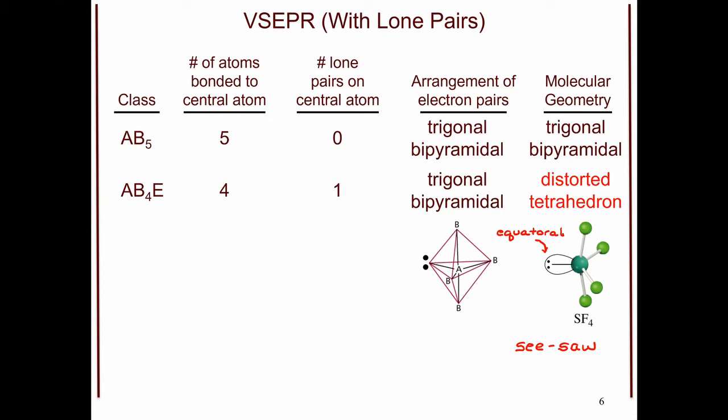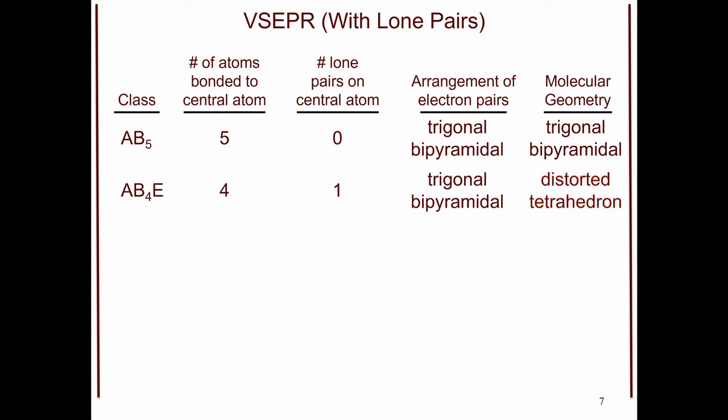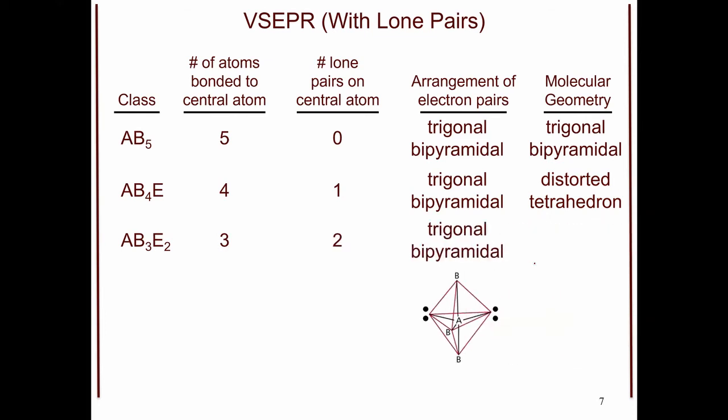But now what we can do is go and add another pair of electrons. So let us go to the AB3E2 group. So this means that we are going to have 3 bound atoms, 2 lone pairs on our central atom, and while it's in the trigonal bipyramidal electron pair family, it is now going to be known as T-shaped.